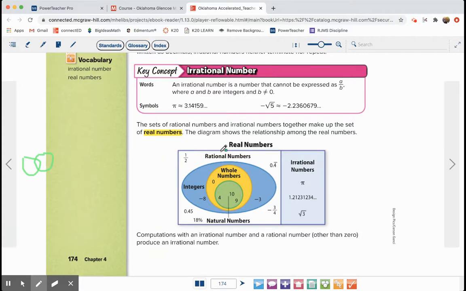So rational numbers basically just means any number that can be written as a fraction. So whole numbers, like for example, the whole number 5, can be written as a fraction by just putting it over 1. That's a fraction and it still means 5. So it's all our natural numbers, our whole numbers, and our integers, because we could have negative 1 over 2.